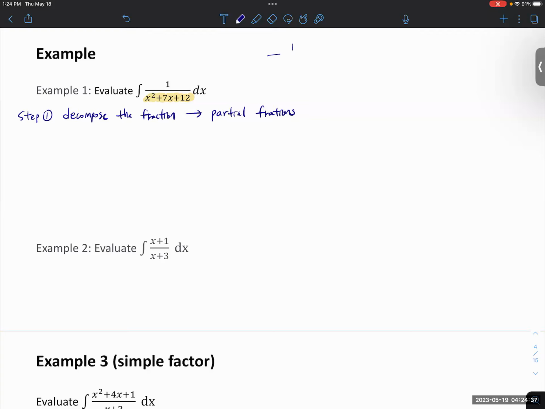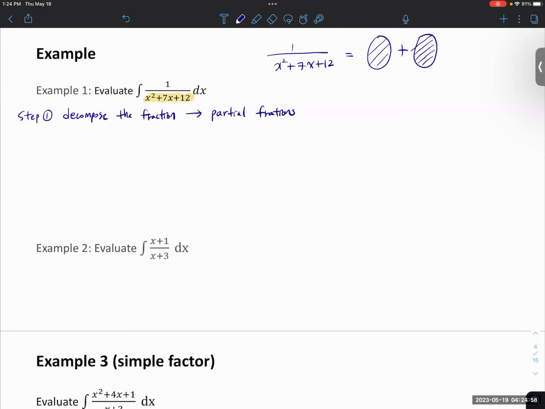What I'm saying is that it is a summation of 2 or 3 partial fractions. We're going to find those partial fractions of 1 over x squared plus 7x plus 12. That's what I'm going to do in step 1.